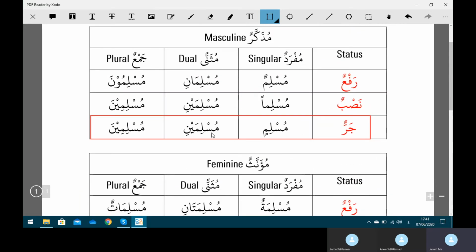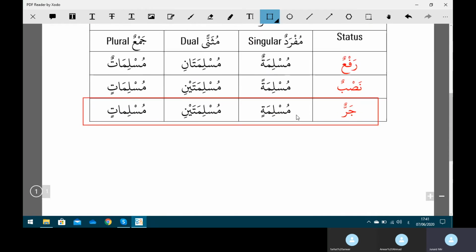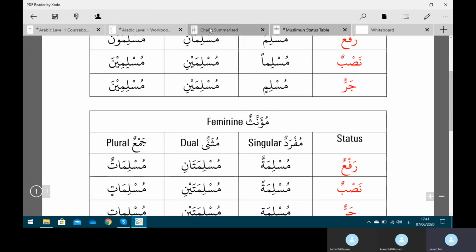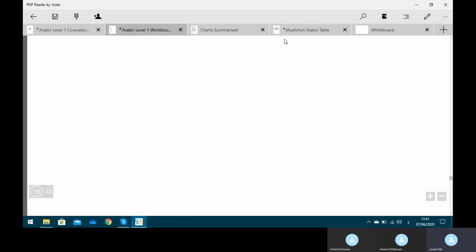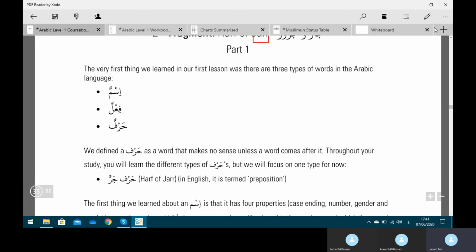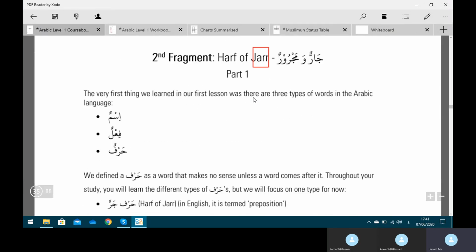Muslimin in the singular, Muslimaini in the dual, Muslimina in the plural masculine sound plural, Muslimatin in the singular, Muslimataini in the dual, Muslimatin is the feminine plural, sound feminine plural. So that's what jar means. So why is it called harf of jar? Because when you have those harf, the noun after it will be in the jar case ending.